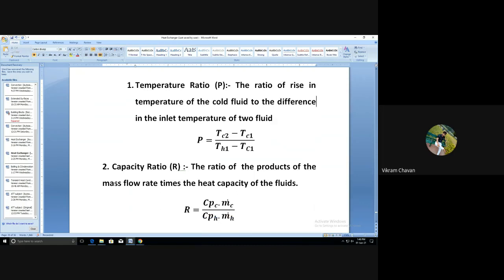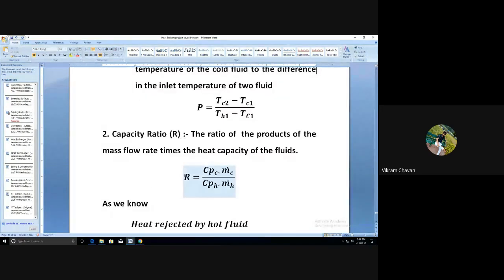Then second one, capacity ratio. In that you can write the ratio of the products of the mass flow rate times the heat capacity of the fluid.